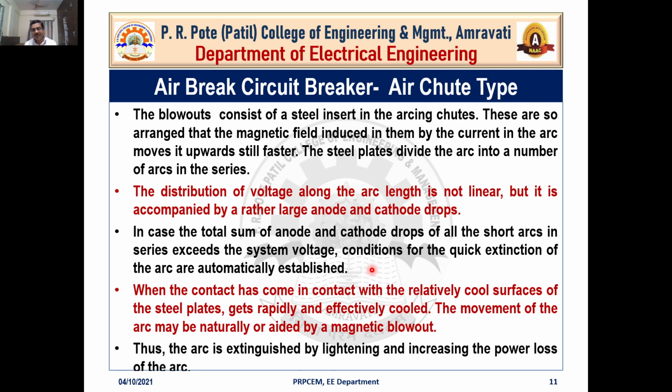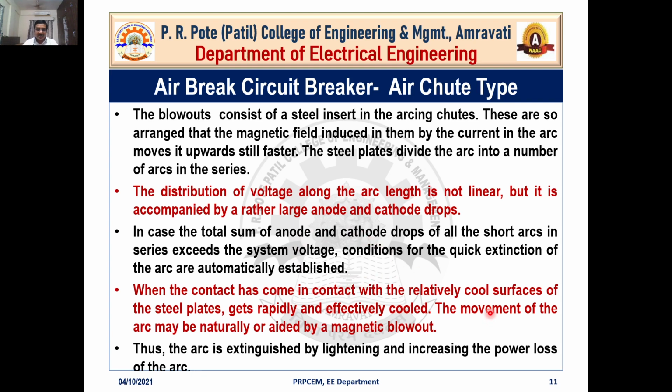In this arc chute type circuit breaker, if the total sum of the anode and cathode drops of all the short arcs in series exceeds the system voltage, then quick extinction of the arc is possible.